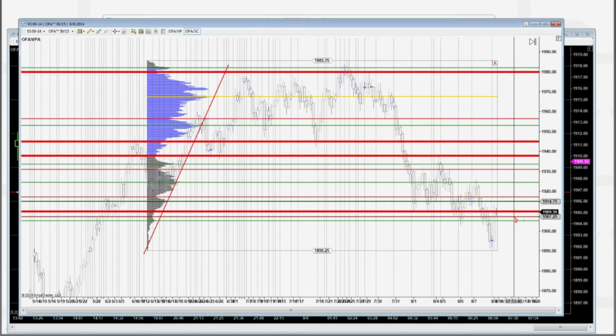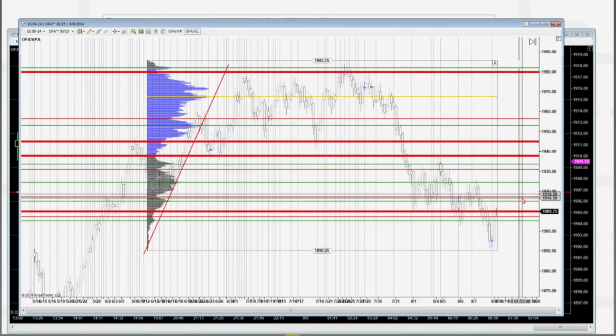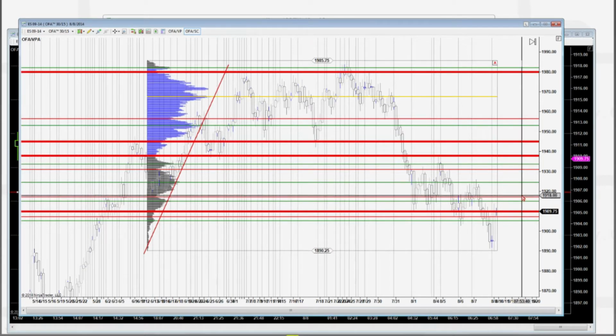And so if this 1907, 1906.75 area, sellers can't get price down through here, and this is rejected and price starts moving up, we would start to look for price to move up to this 14, 15 level and test 17. And if price comes through this 17 level, and again, you need to understand that even though it comes through 17 quarter, it may still come down.